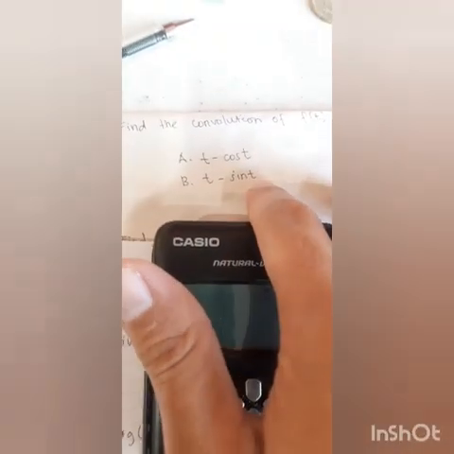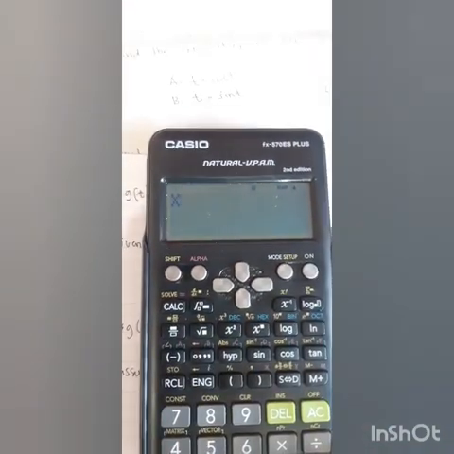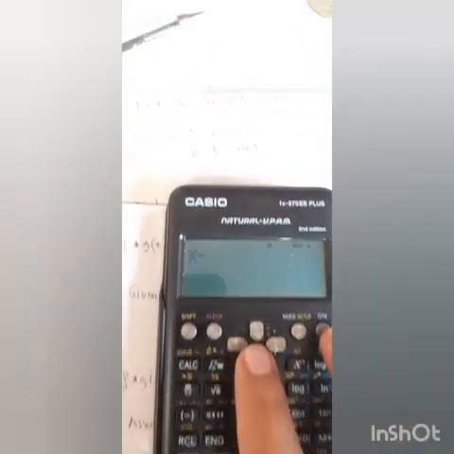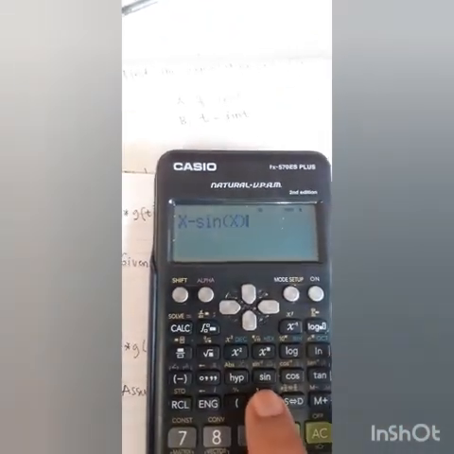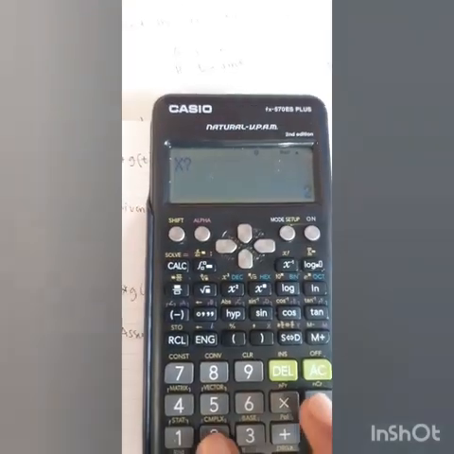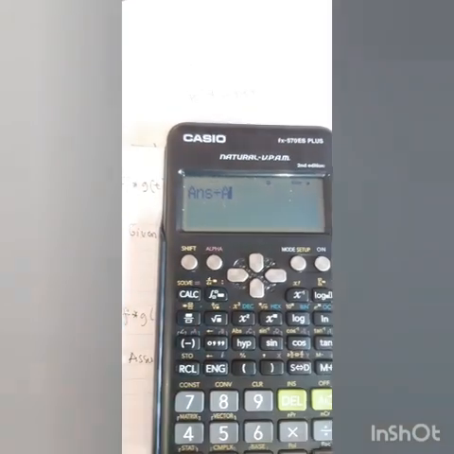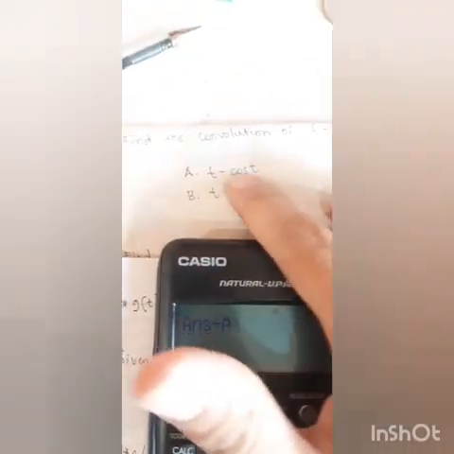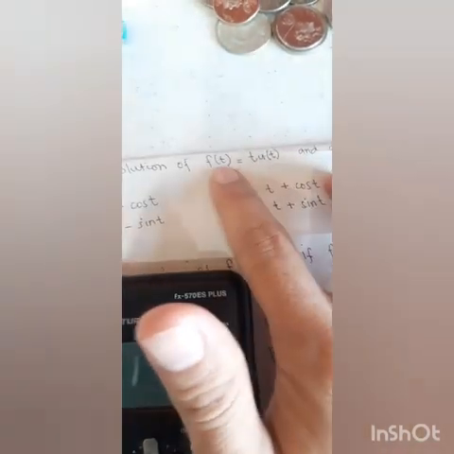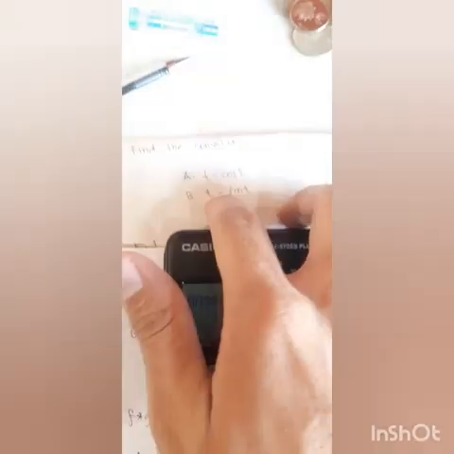Punta tayo sa B, x minus sin x. Calc. Press 2. Okay. Divide A, 1. So there you have it. The answer for the convolution of f of t equals t and g of t equals sin t is letter B, which is t minus sin t.